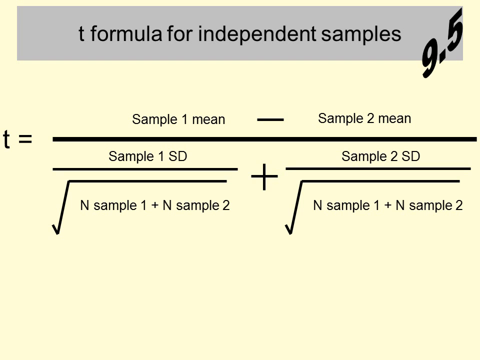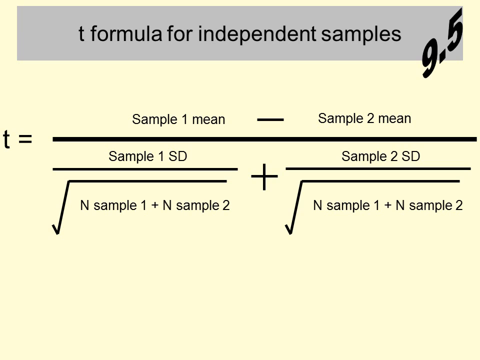Okay, let's look at the formula. The formula looks a bit scary if you try and take it in all at once, but if we break the formula down, it's actually quite easy. Before we look at the formula, a couple of points to make. One of them is that different people write the formula different ways. This is a formula that can be rearranged.